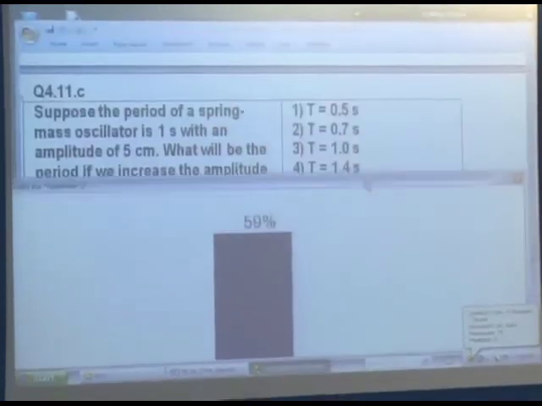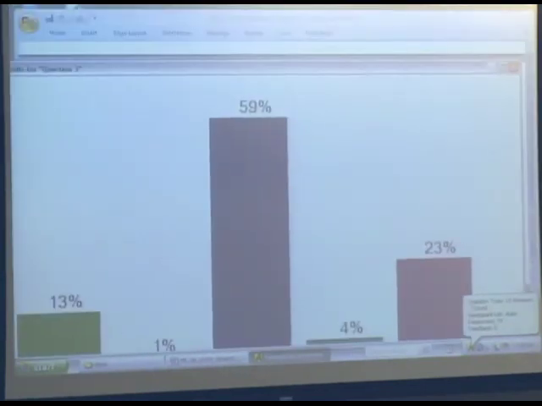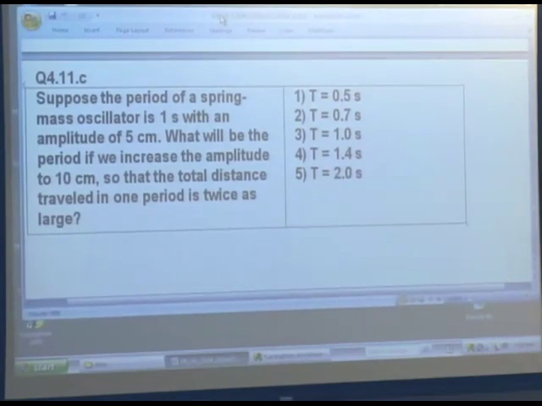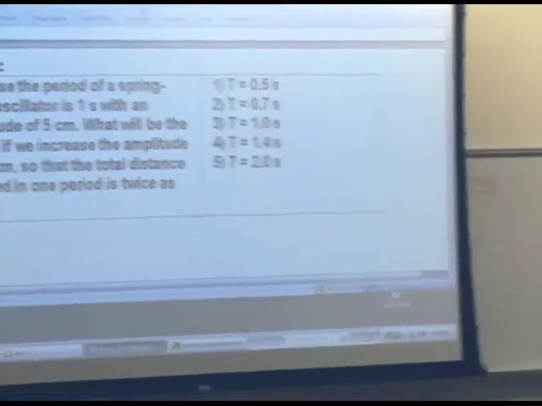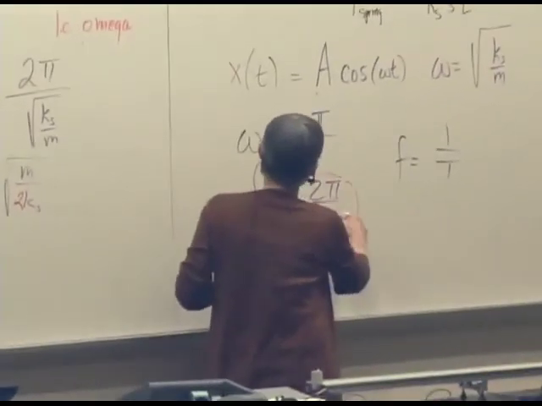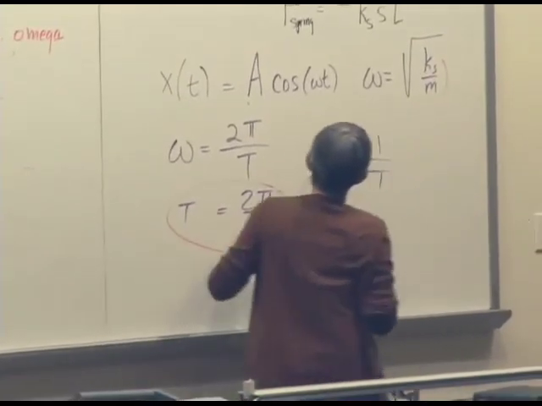Okay, well, the most popular answer is indeed 3, 1 second, but we have some people voting for other things. But 3 is correct. Would somebody like to say why, who said that, say why you thought that was correct? Sure, yeah. It's not in the equation. That's exactly right. The period depends on the angular frequency, which is k sub s over m.